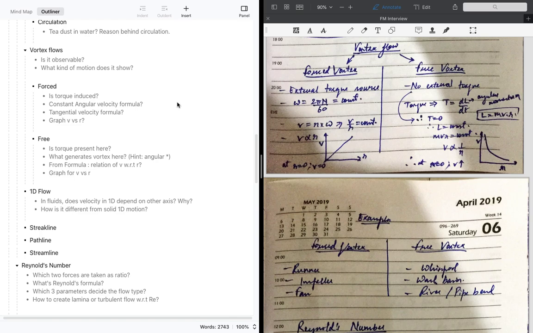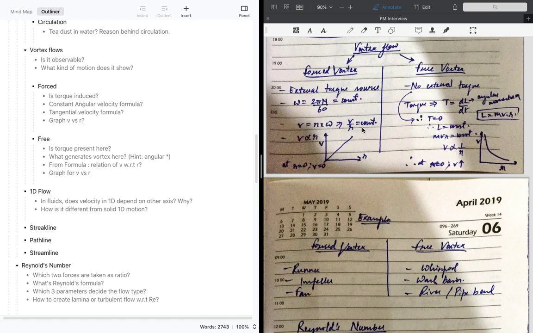So the constant angular velocity formula is 2 pi n by 60. And the linear, or tangential, velocity formula is v equals r times omega, and v by r is equal to constant. So for a forced vortex, the angular velocity should be constant, and the graph of v versus r is linear.